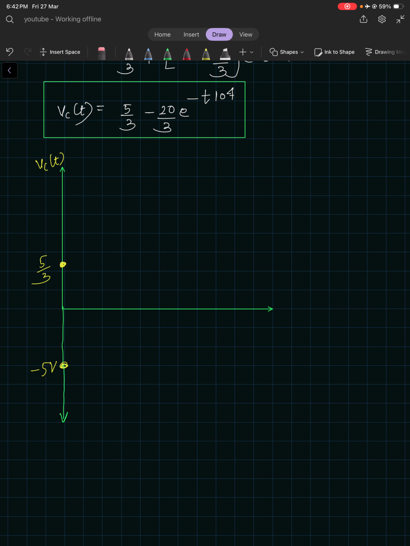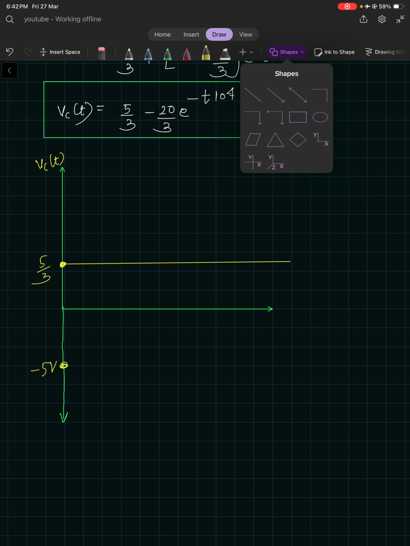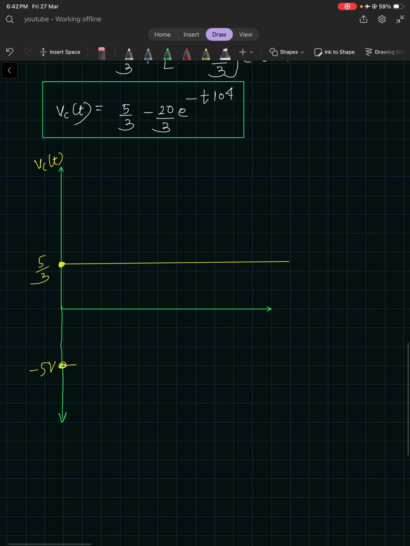If I draw like this, it starts from minus 5, crosses 0 at some point, and again approaches 5 by 3.